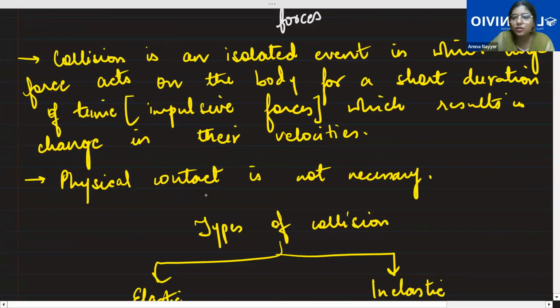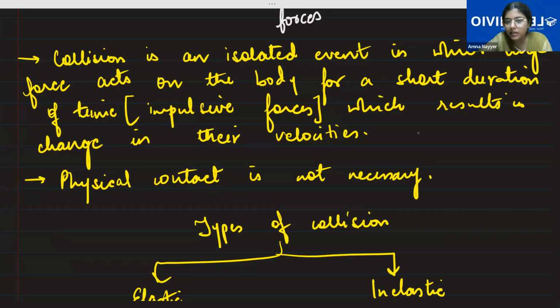Collision is an isolated event in which a large force acts on the body for a short duration of time. I already discussed impulse with you, represented with a capital J, the impulsive force which acts for a very short period of time, like a ball hitting a bat. Are you able to recall, Neha?